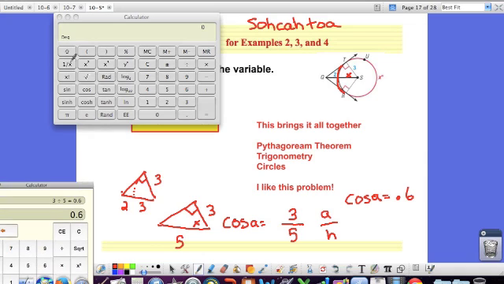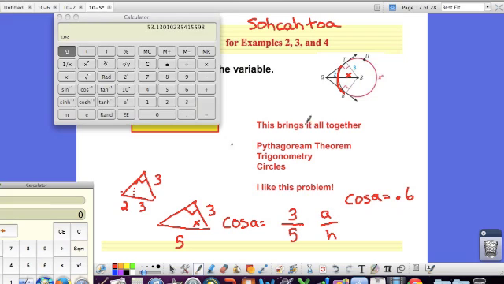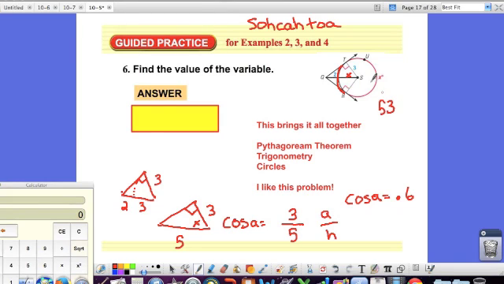When I put it into the calculator and use the inverse ratios, I'm basically saying I have a right triangle, and I have an angle in that right triangle that has a cosine ratio of 0.6. When I ask for the inverse cosine, I get 53.1, so that's going to round to 53 degrees.